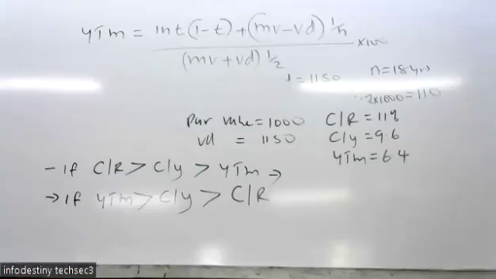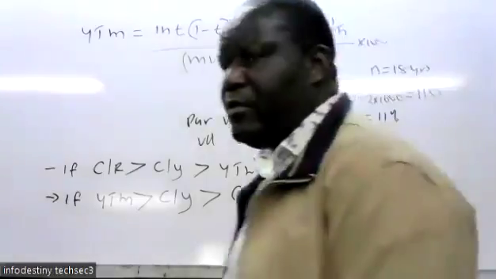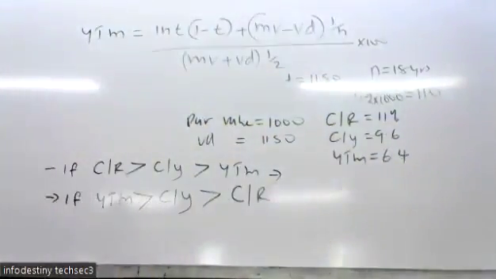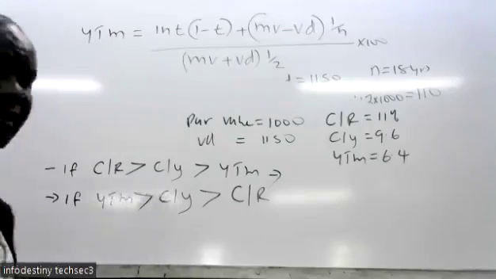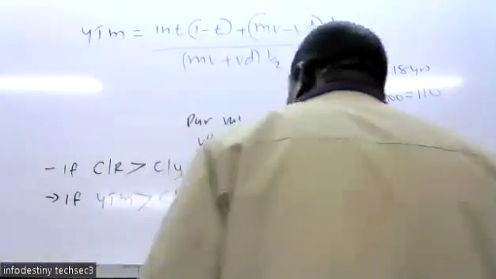If the yield to maturity is greater than the current yield, which is greater than the coupon rate, then the bond will sell at a discount.